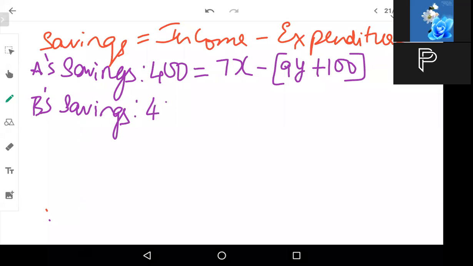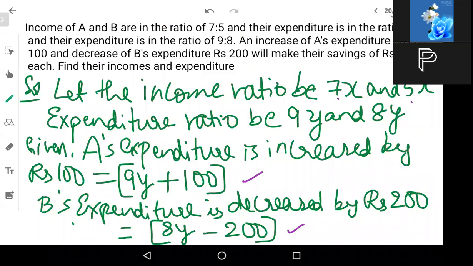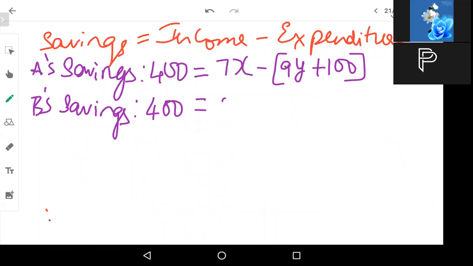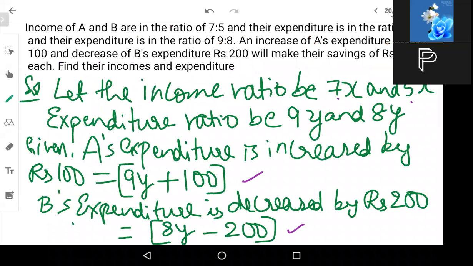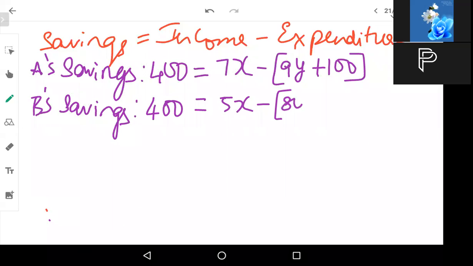Okay, good. Now B's savings, again B will be saving 400 rupees, is equal to, what is the income of B? 5x. So 5x minus the new expenditure of B, 8y minus 200.